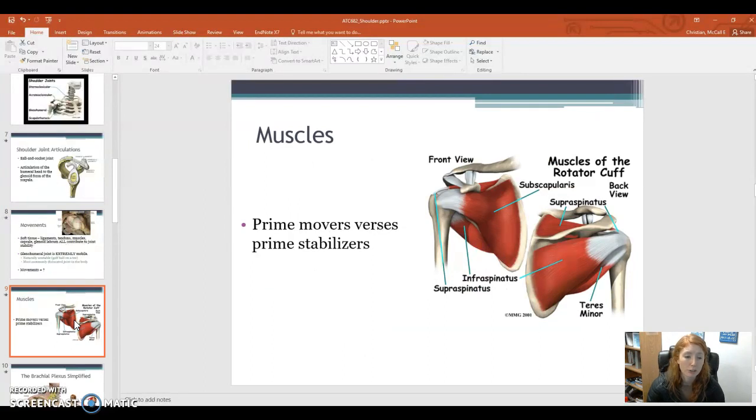Some of our major movers for internal and external rotation, flexion, those more dynamic motions, are in our rotator cuff. We have the supraspinatus, supra meaning on the top. It's good to see in this front view picture where it attaches to the head of the humerus. It goes under the subacromial space, which can be of great contention with our upper extremity athletes.